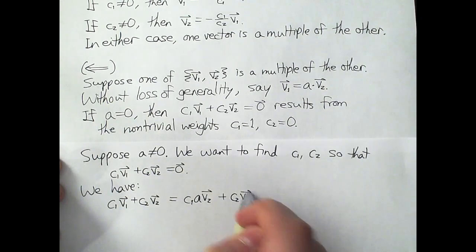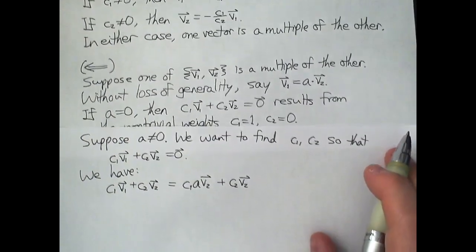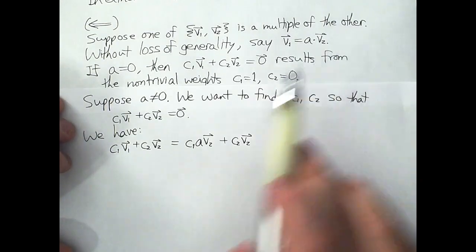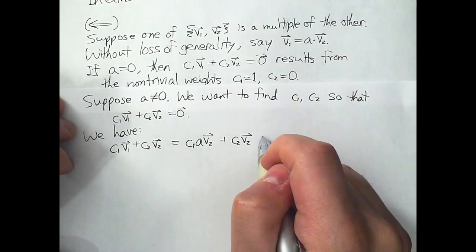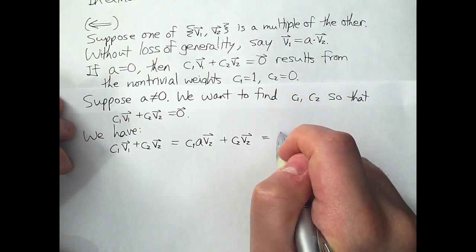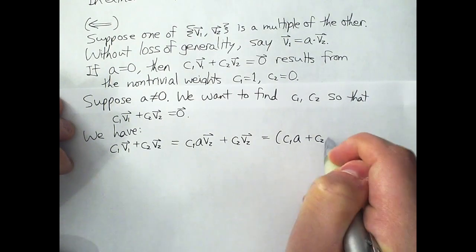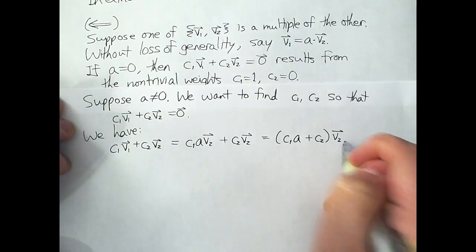Is everybody okay with that? V1 was a multiple of V2, so just do that instead of V1. Now, because of properties we have about scalars times vectors, we could pull out C1A plus C2 times V2.